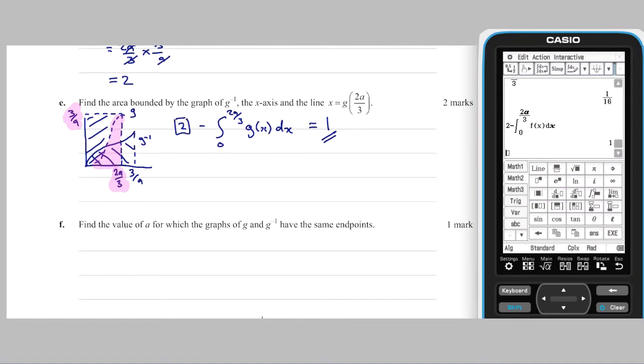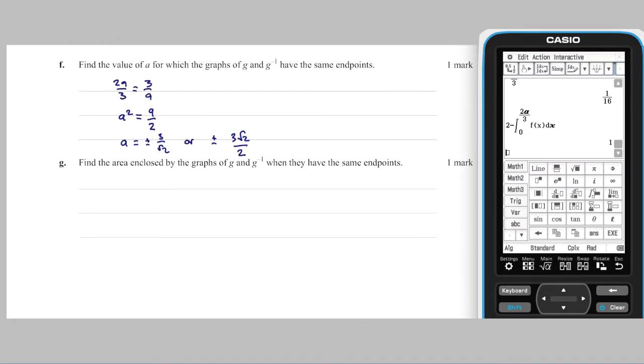And so for these to be equal, we need to solve 2a over 3 equals 3 over a, implying a squared equals 9 on 2, and a equals plus or minus 3 on root 2, or plus or minus 3 root 2 over 2. As a is greater than 0, a equals 3 root 2 over 2. The same solution can be obtained on our ClassPad.